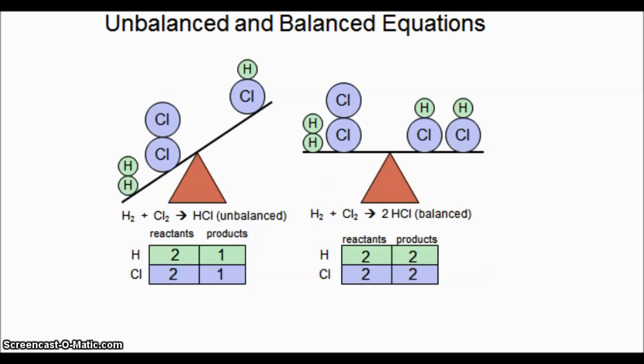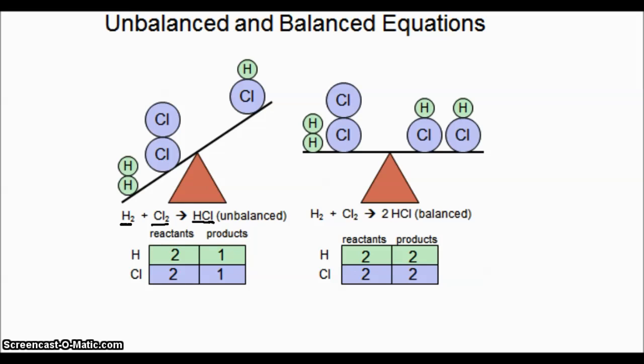Alright, so here's a picture of an unbalanced equation versus a balanced equation. What we have here in this chemical reaction is H2, which is hydrogen gas, plus Cl2, which is chlorine gas. And what is produced is HCl. It doesn't produce H2Cl2, it produces HCl.